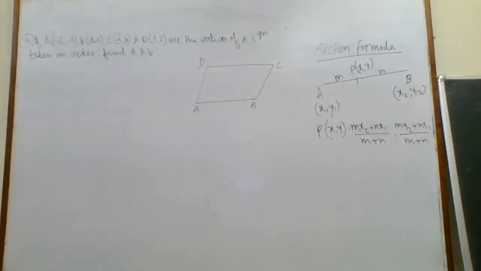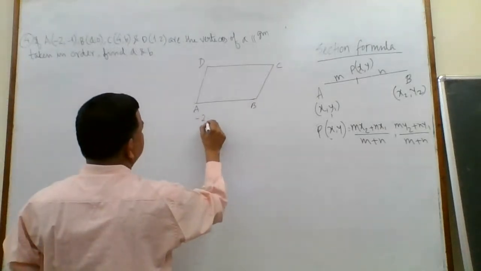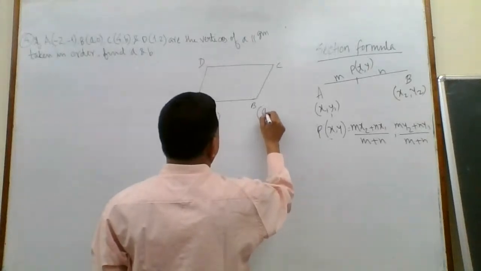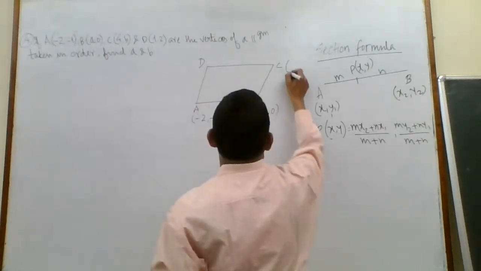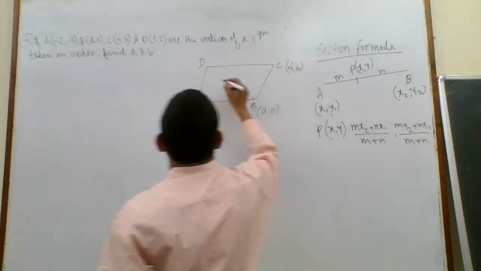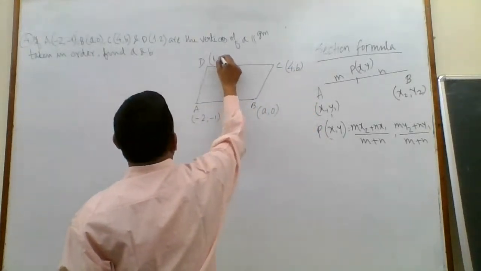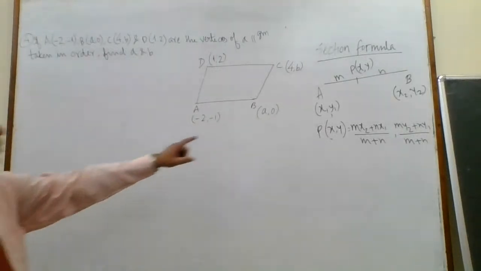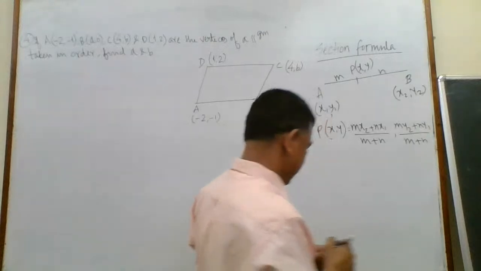So suppose this is a parallelogram ABCD. A is (-2, -1). B is (a, 0). C is (4, b). And D is (1, 2). We have to get the value of the unknown variables a and b.